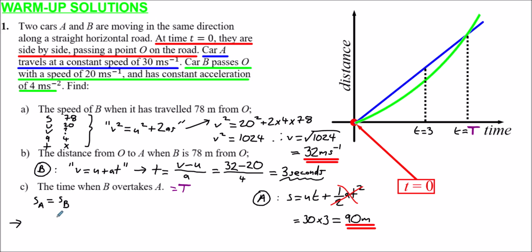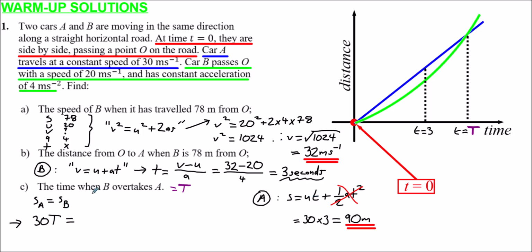So for particle A, or car A, you need to get used to thinking of particles, it's simply S equals U times T. So it's just basically going to be 30 multiplied by T. Then the displacement of B is going to be the initial speed of B multiplied by the time.